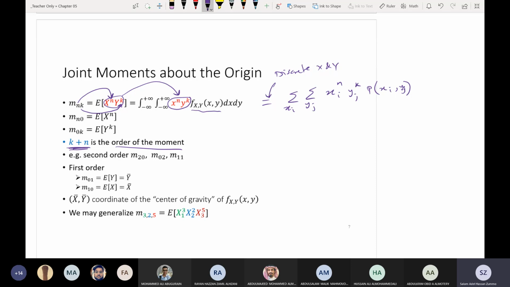Now you can see that you can have all the different combinations of n and k. For example, if we set k to 0, so we have m, the nth moment. However, n is the order of x. So we have the expected value of x to the power n, y to the power 0, right? y to the power 0 gives you 1, which gives you the expected value of x to the power n.